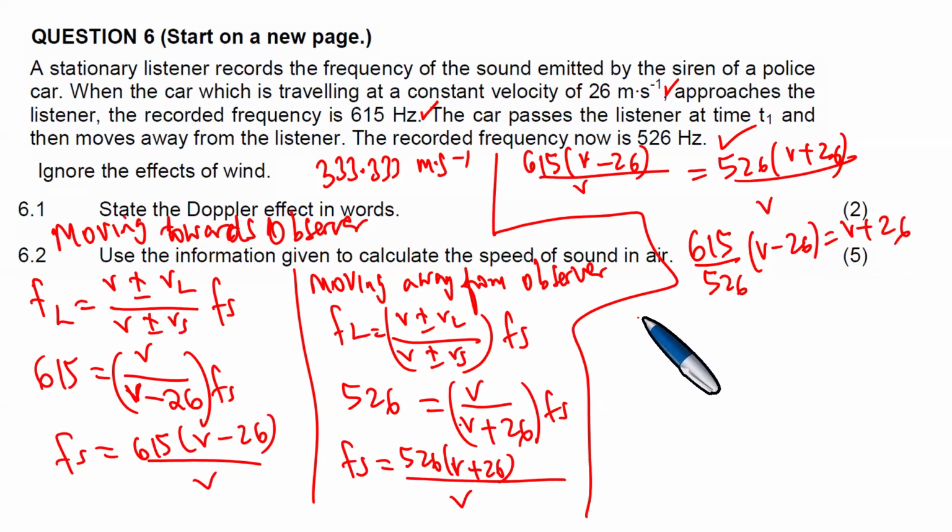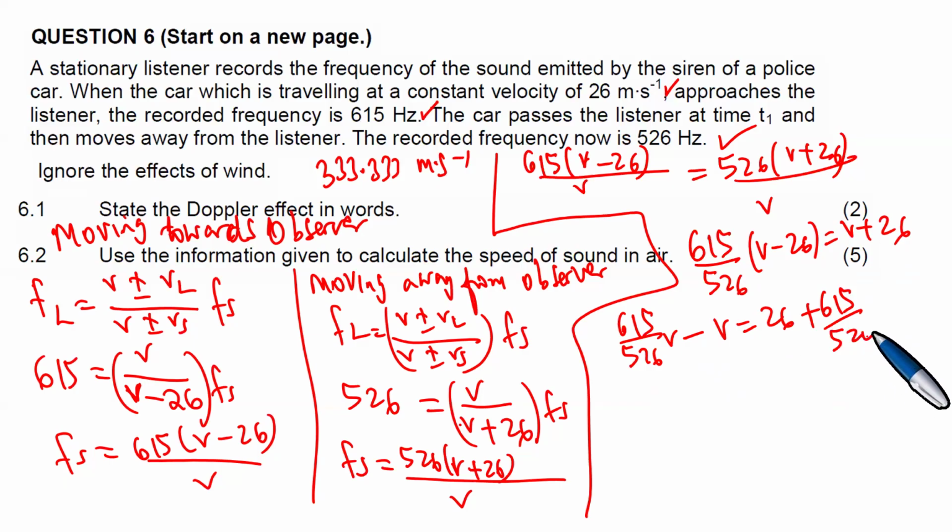You multiply through, which is exactly 615 divided by 526 V. Then we minus V, which is 26 plus 615 divided by 526 times 26.